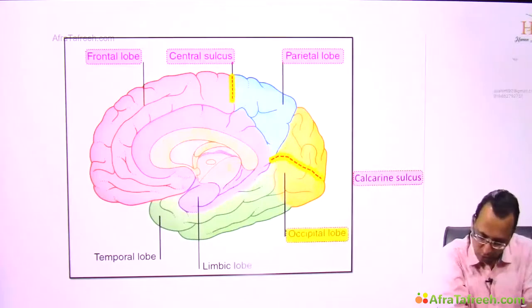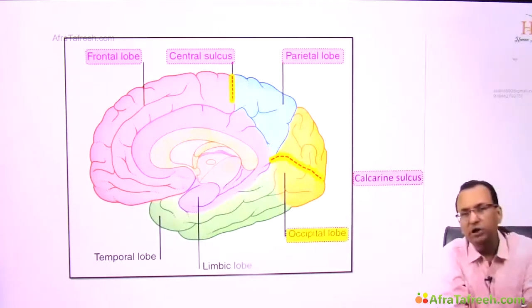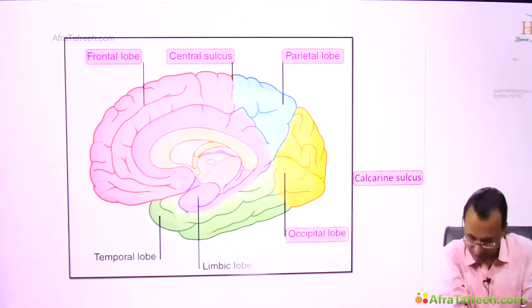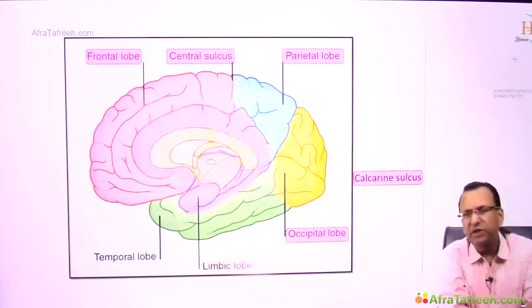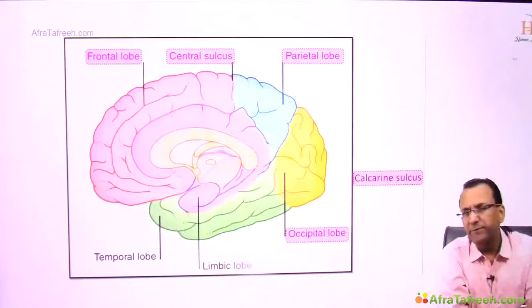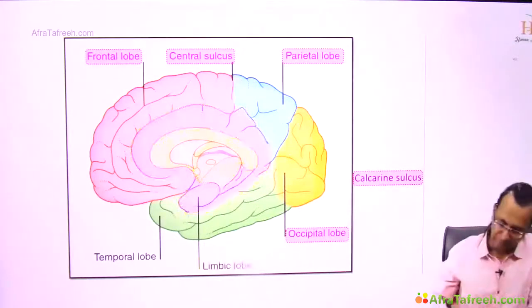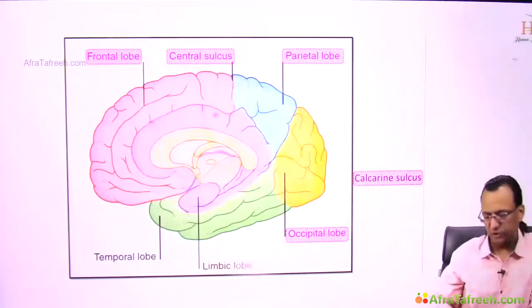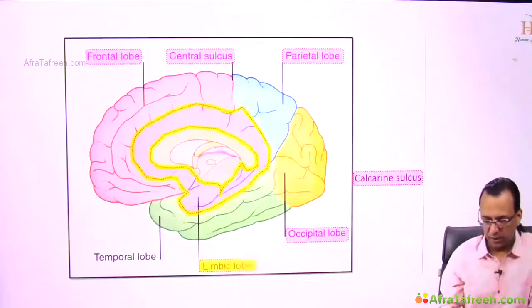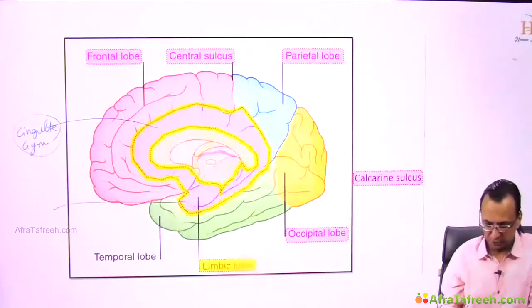And what is this lobe here? If that was the occipital lobe, occipital visual cortex, what is this lobe here? Do you remember we have discussed Papez circuit, the limbic system, the hippocampus, cingulate gyrus? This is the cingulate gyrus, yes. And that is the hippocampus area, yes.